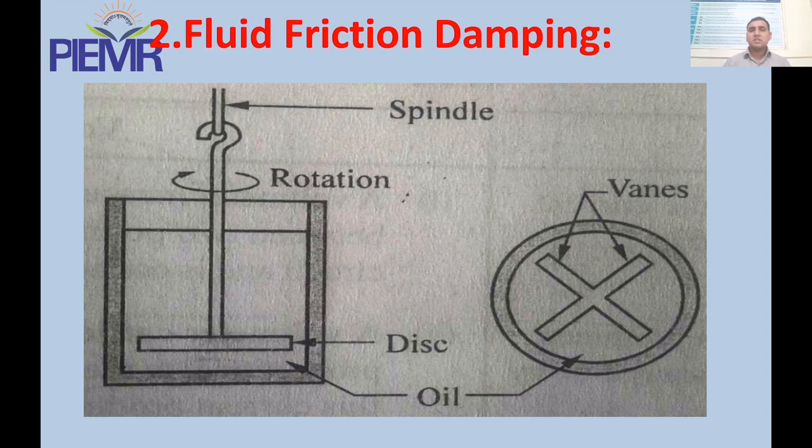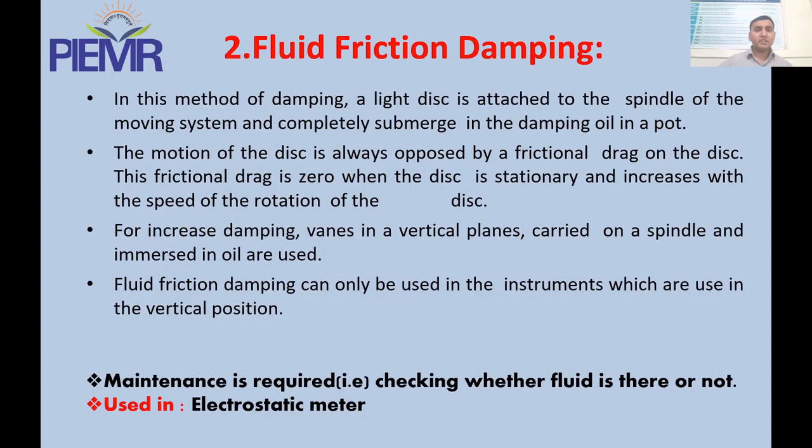The next system is fluid friction damping. It is the same as air friction damping, but we replace the air with a fluid. As the fluid has more friction than air, it will provide more damping than air friction damping. This type of damping requires a light disc attached to a spindle or moving system.